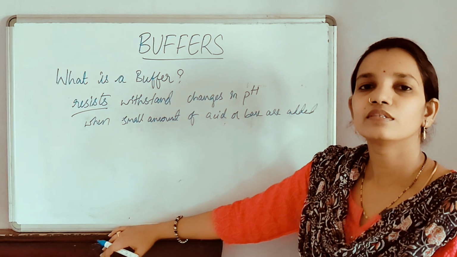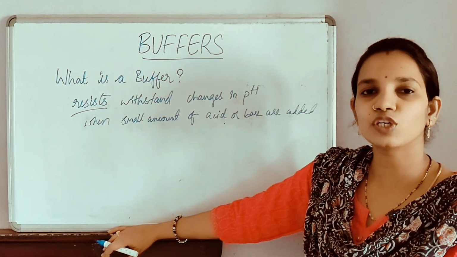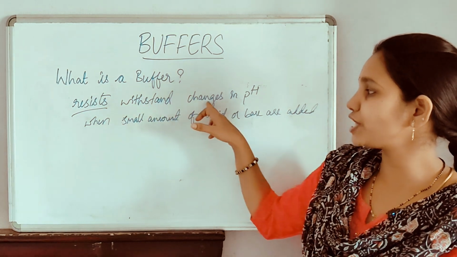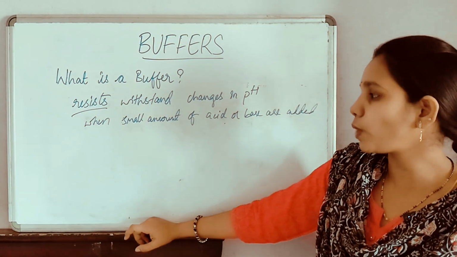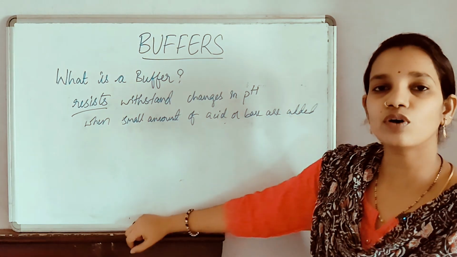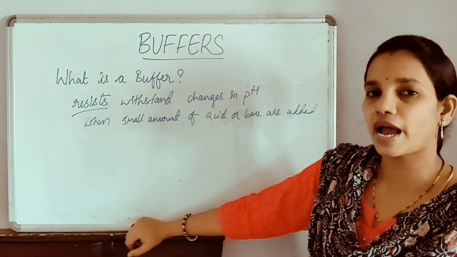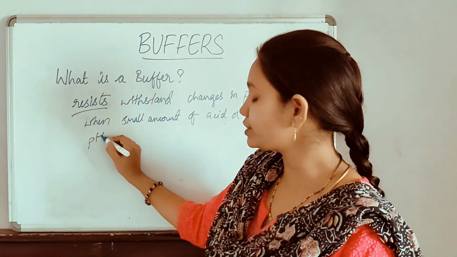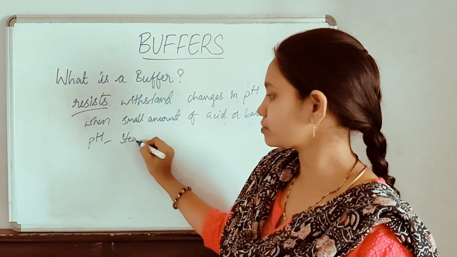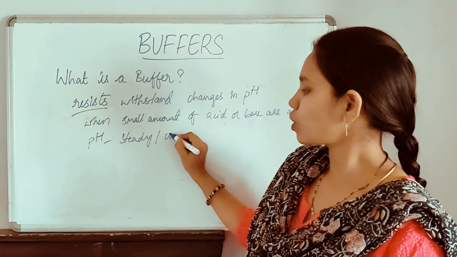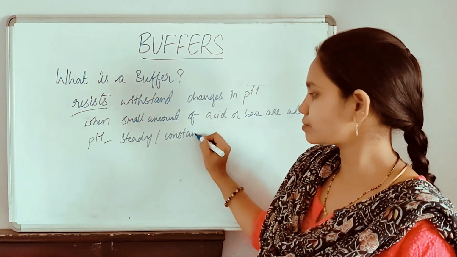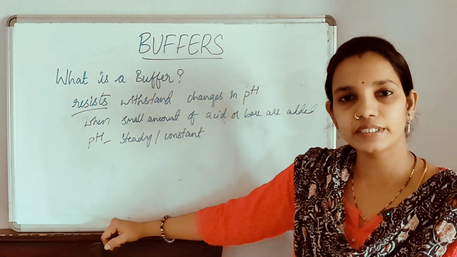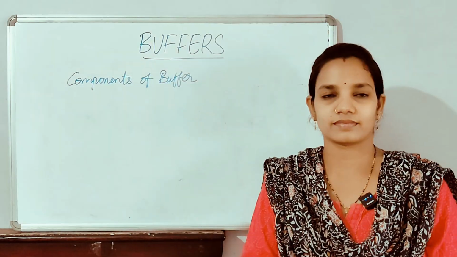So here buffer is a solution that resists, means it can withstand changes in pH when small amounts of acid or base are added. Means in simple words we can say that it keeps the pH steady or constant, which is very important in our body and even in experiments also.